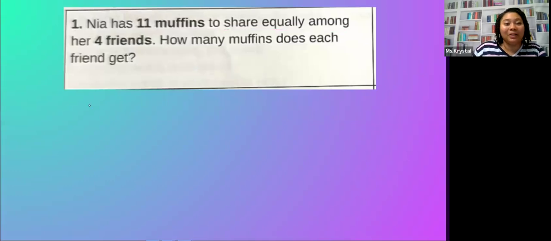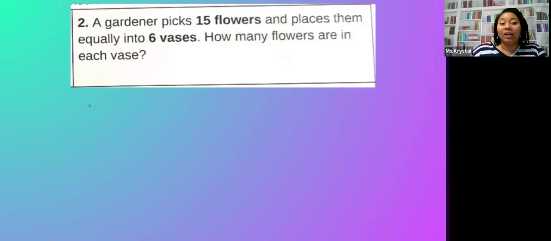All right, let's keep going. Number 2, a gardener picks 15 flowers and places them equally into 6 vases. How many flowers are in each vase? So, what cool word are we looking for? That word equally. We love that word. Placing them, that means he's separating them into 6 vases equally.